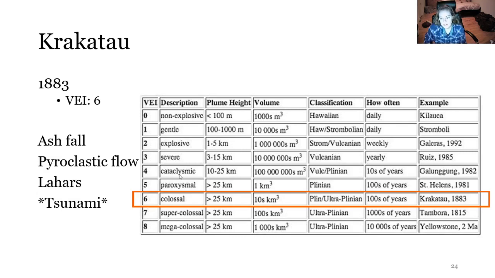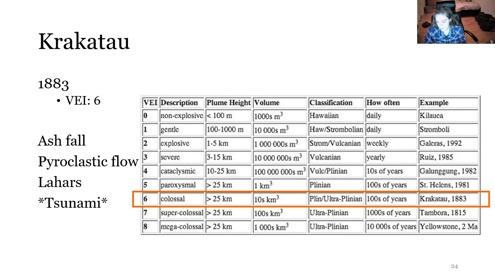So this is labeled as a colossal eruption, so a very, very large explosion occurred when Krakatoa erupted. It was categorized by ashfall, pyroclastic flow, lahars, and most importantly, tsunamis.